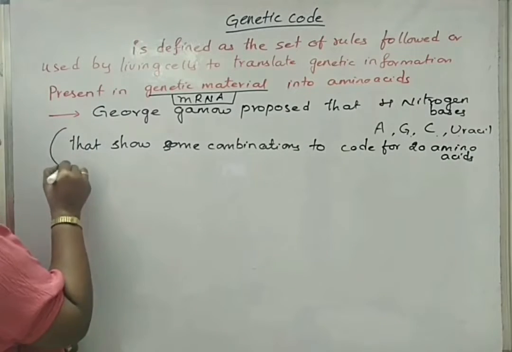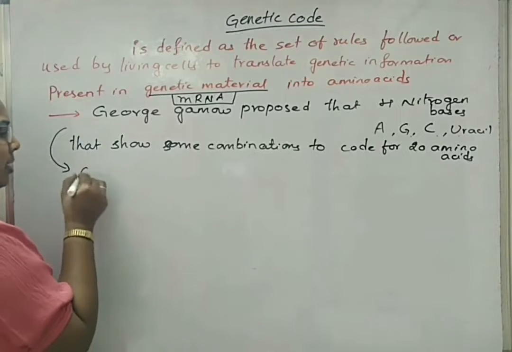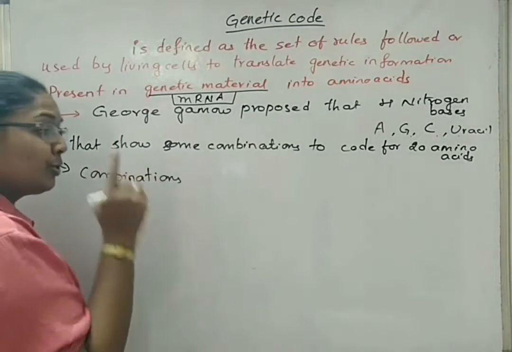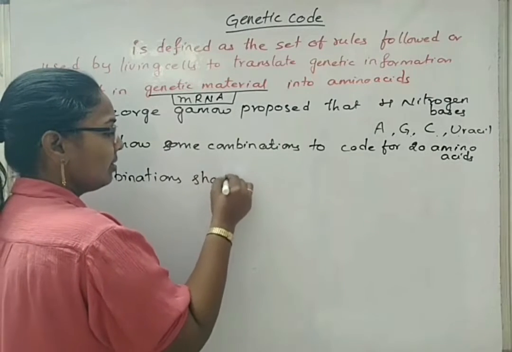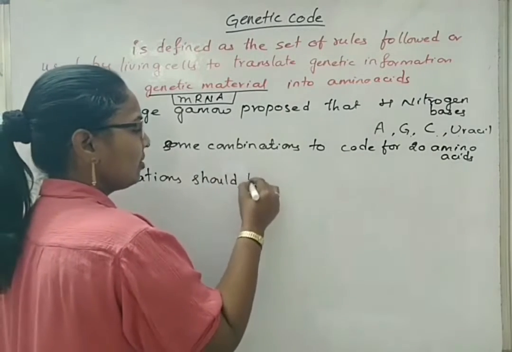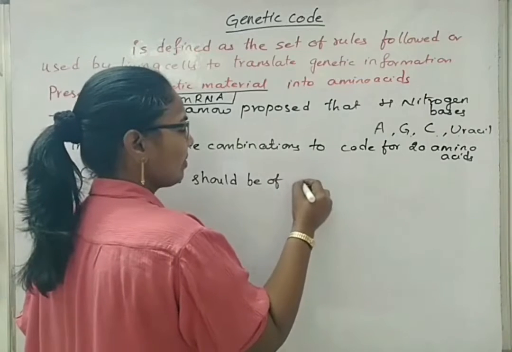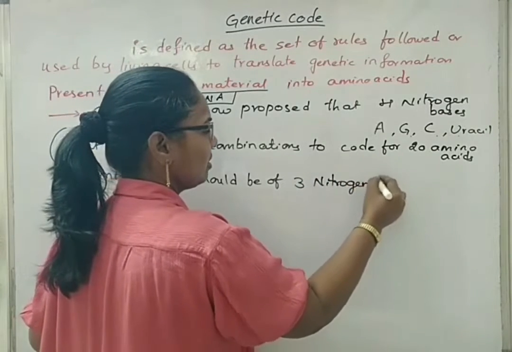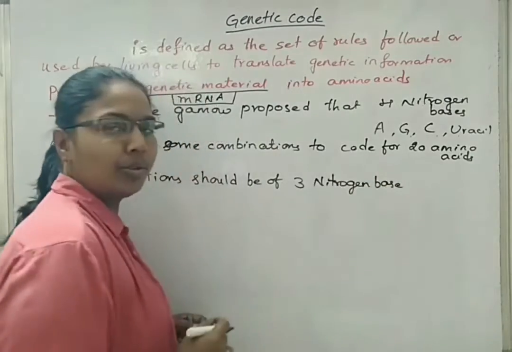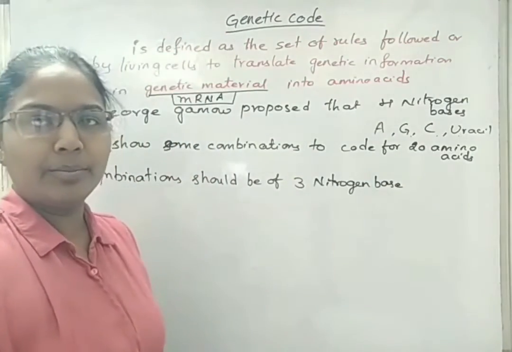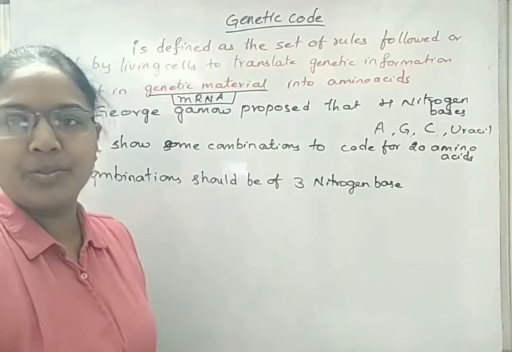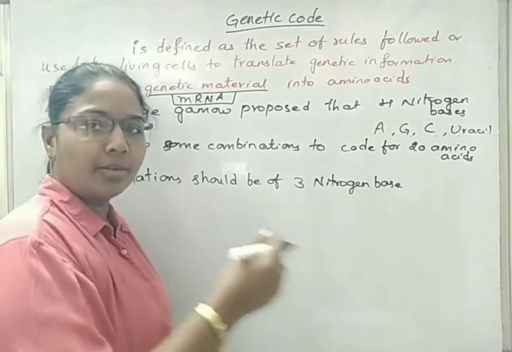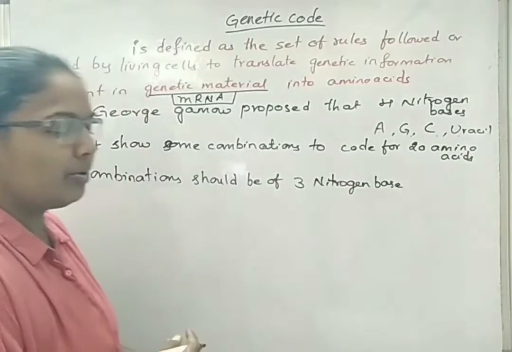So what are those combinations? He also proposed that the combinations should be of 3 nitrogen bases. He strictly argued that 3 nitrogen bases out of the 4 types are framing one combination, and they code for different types of amino acids.